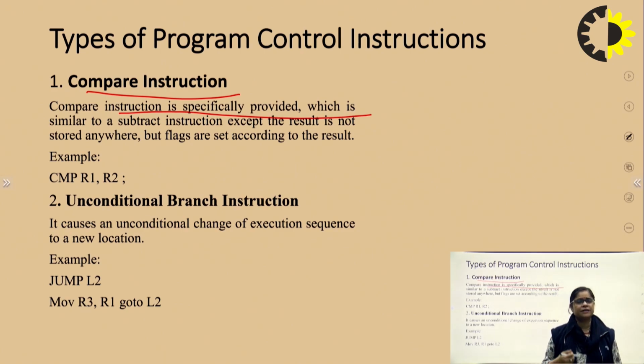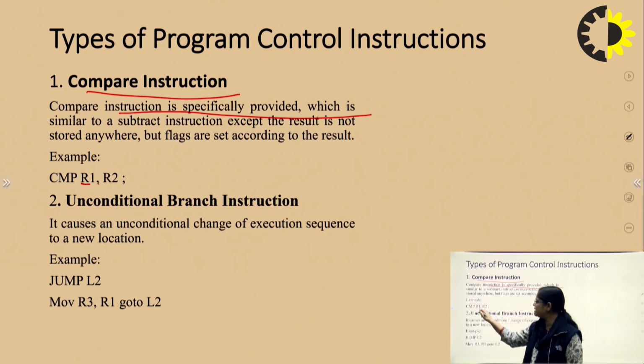So here it is written that the compare instruction is specifically provided, which is similar to the subtract instruction, except the result is not stored anywhere, but the flags are set according to the result. It means that in the compare instruction, we are not storing any result, right? We are only comparing, between R1 and R2, or between two things, which one will be the best, right?